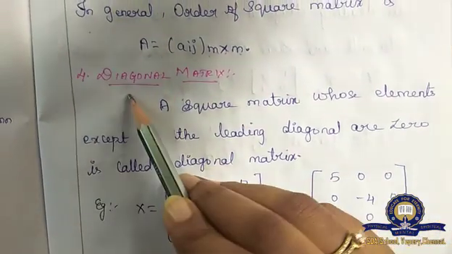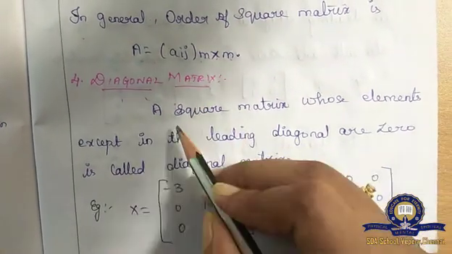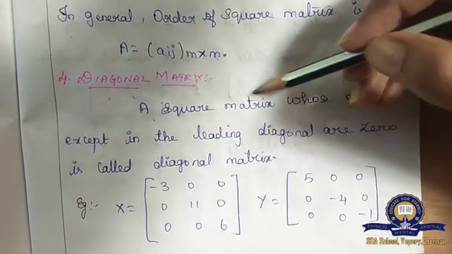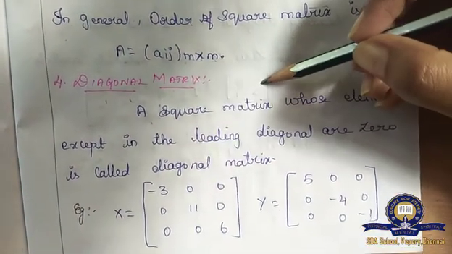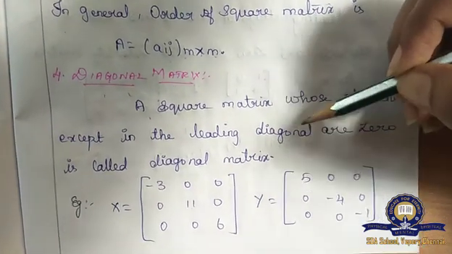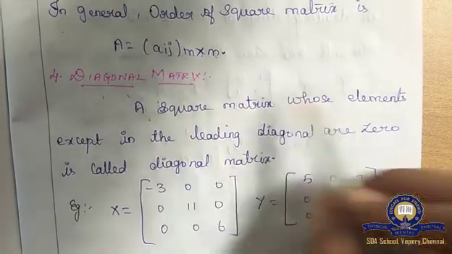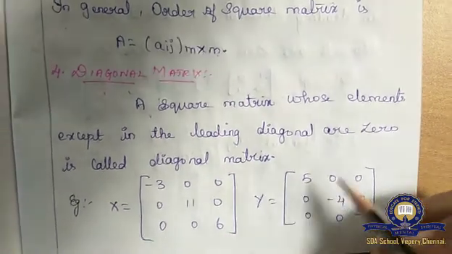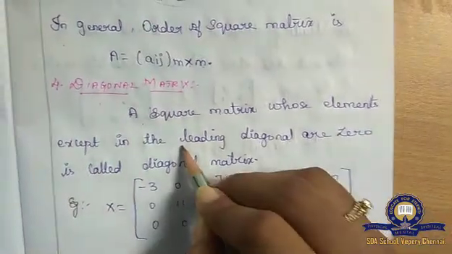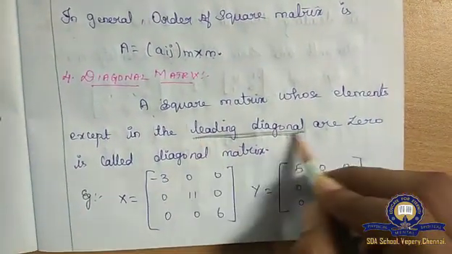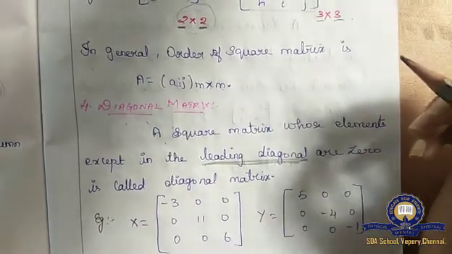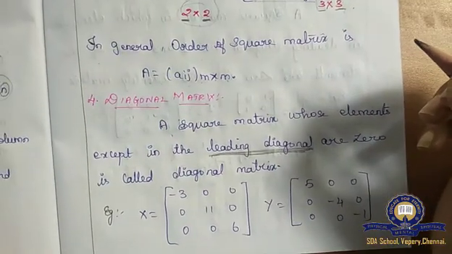Then the fourth type is the diagonal matrix. A diagonal matrix is derived from the square matrix itself. What is a square matrix? A square matrix should have an equal number of rows and columns. In the same form, a diagonal matrix should have an equal number of rows and columns, whose elements except the leading diagonal are zero. So here you have to know what the leading diagonal is. The leading diagonal in a square matrix is the elements of the form A11, A22, A33.